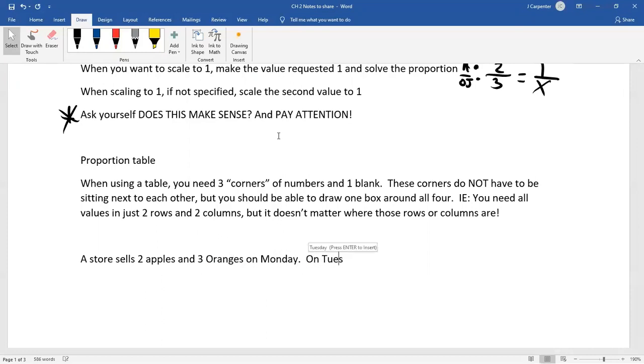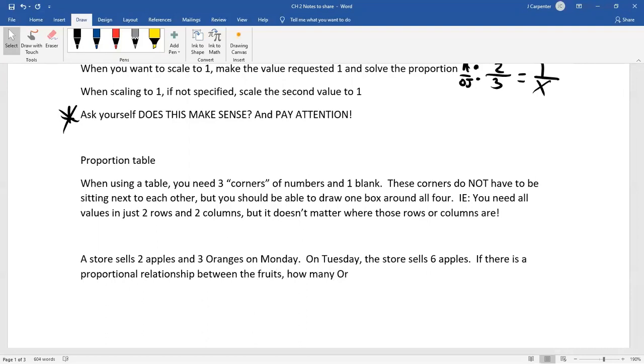On Tuesday, the store sells 6 apples. If there is a proportional relationship between the fruits, how many oranges sold Tuesday? So this is the type of example you can see with this.